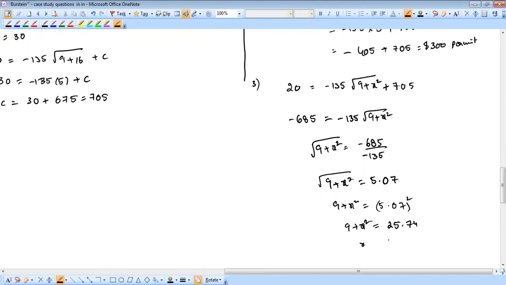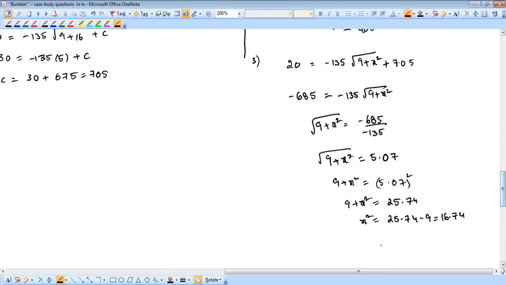And x squared is equal to 25.74 minus 9, which is 16.74. So x is equal to the square root of 16.74, which I calculate as approximately 4.09.